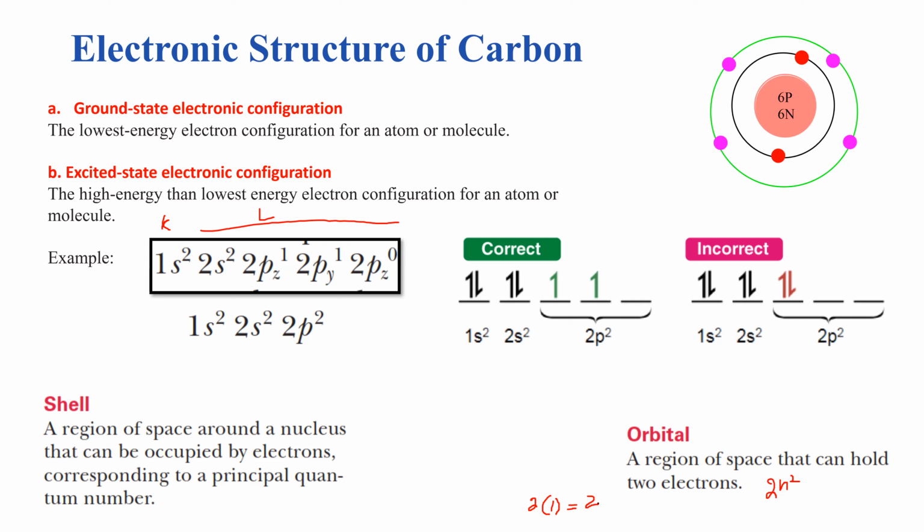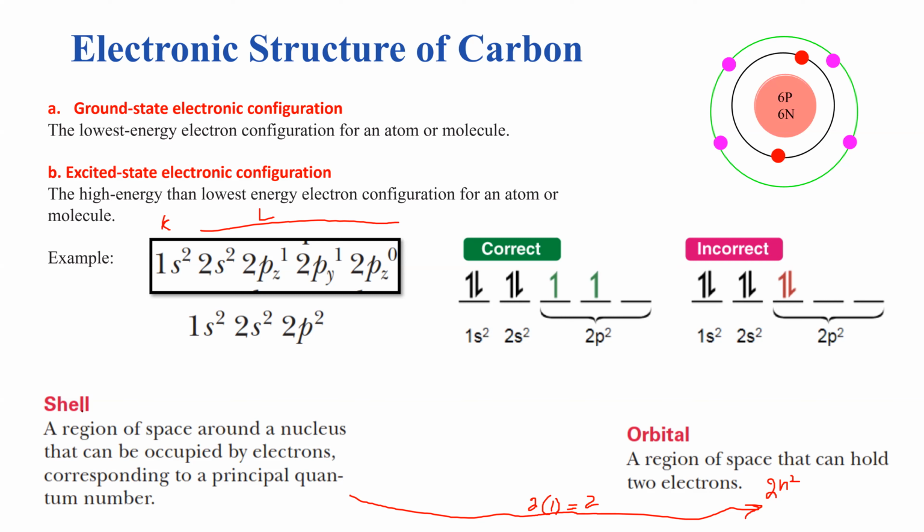So this gives you the information about the maximum number of electrons a shell can accommodate. An orbital can accommodate a maximum of 2, but for the shell, we can calculate by the formula 2n squared, which gives the total number of electrons in a shell.